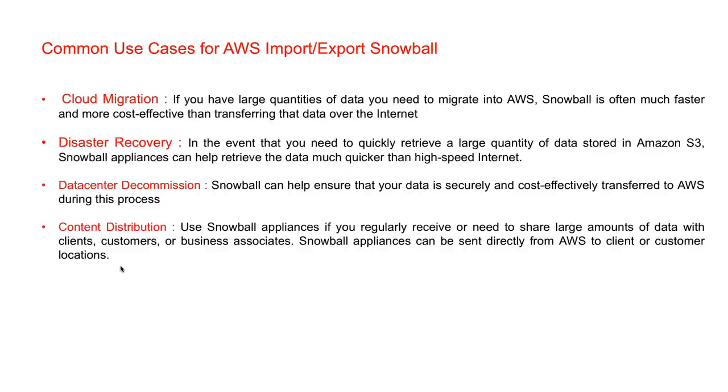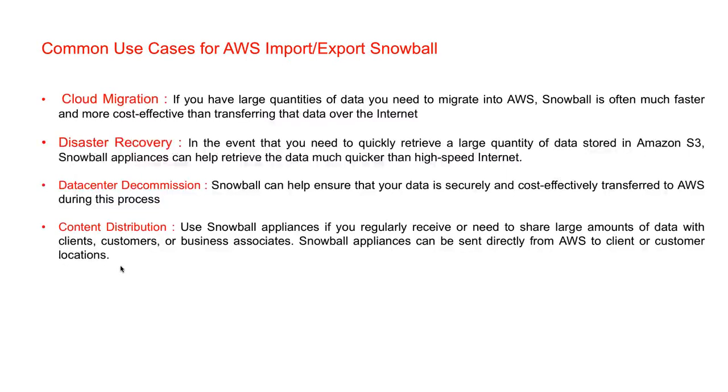Content distribution. You can use the Snowball appliances if you regularly receive or need to share large amounts of data with the clients, customers, or business associates. Snowball appliances can be sent directly from the AWS to the client or the customer locations.